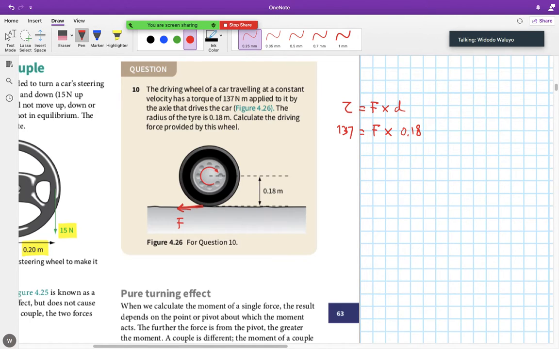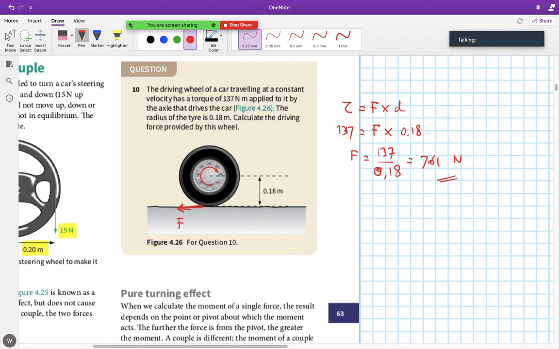So the driving force equals 137 divided by 0.18. That is about 761 Newton. That's it.